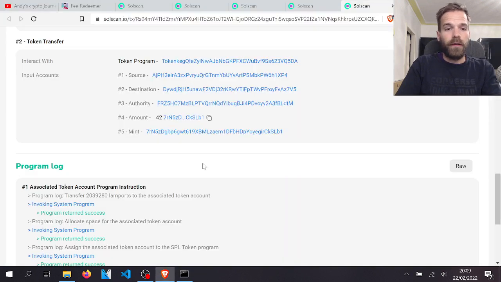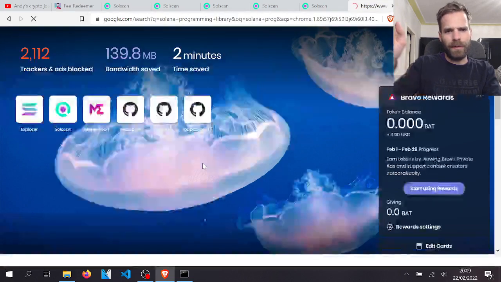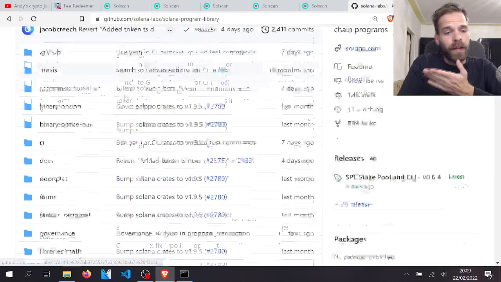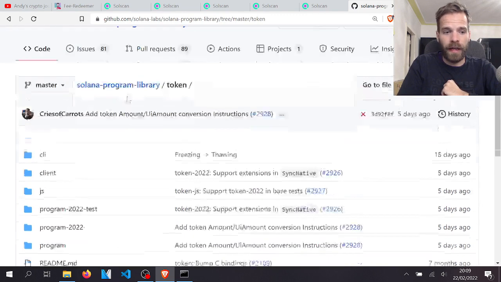So, where is the token program implemented? Solana Program Library. Let's Google Solana Program Library and we'll find a GitHub. And on the GitHub, we will find the token part of the Solana Program Library. So SPL token.